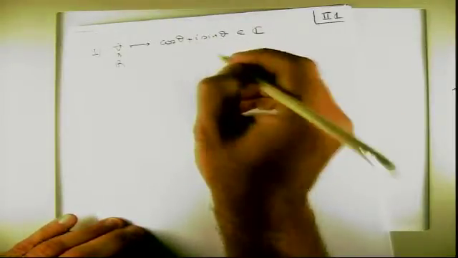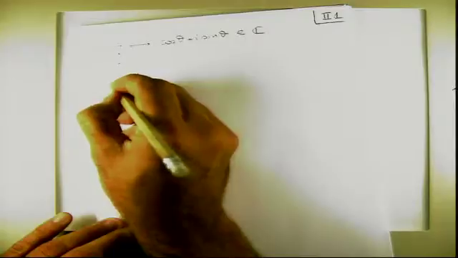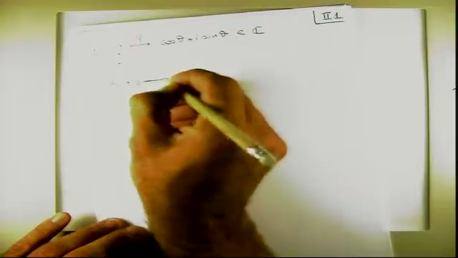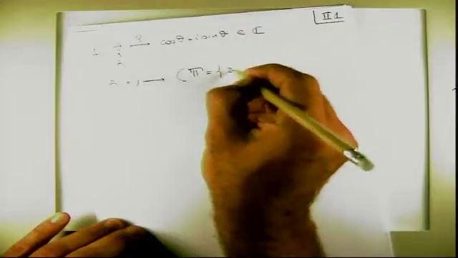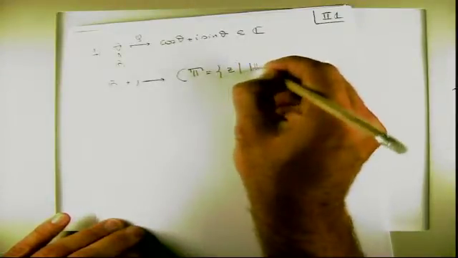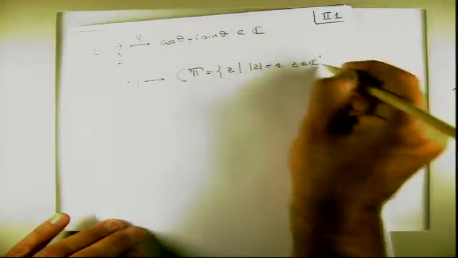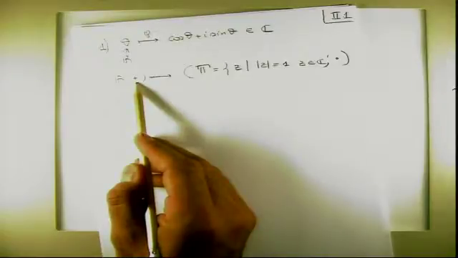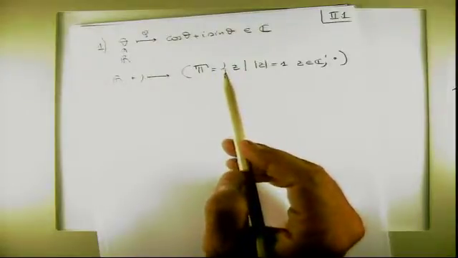I invite you to verify that this function here, called phi, gives you a group homomorphism between these two sets. We have the real numbers with the sum, and on the right-hand side, I put T, the unit circle.